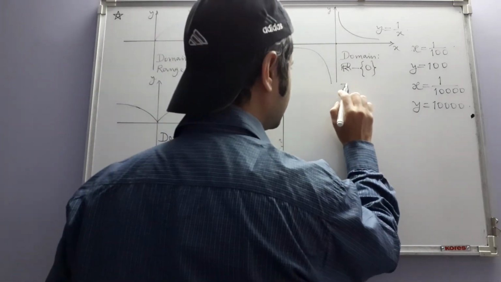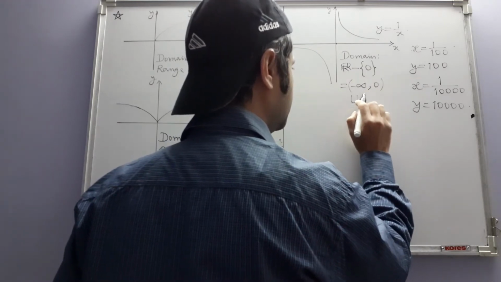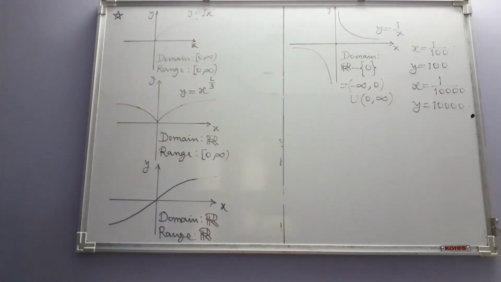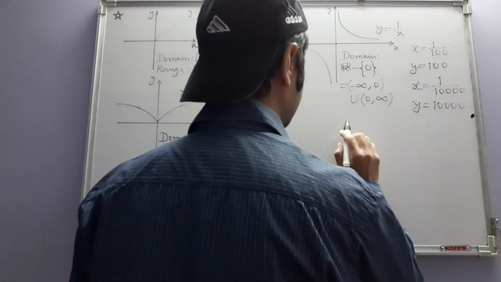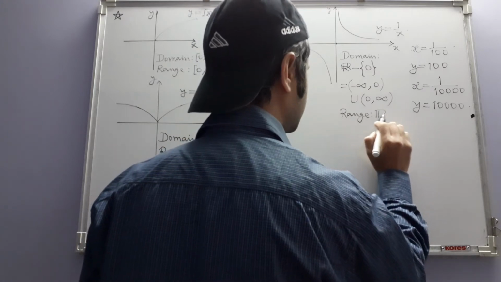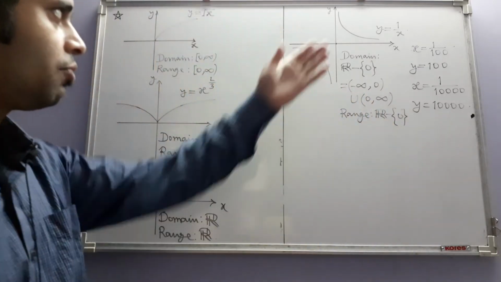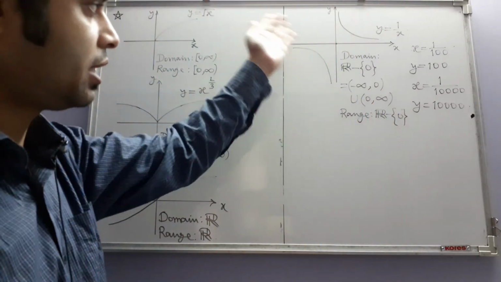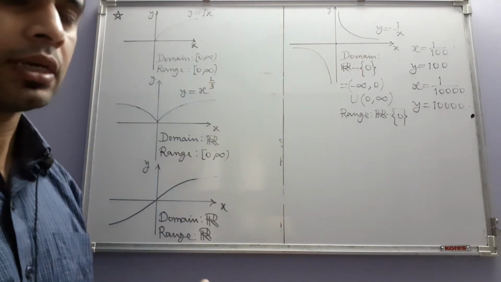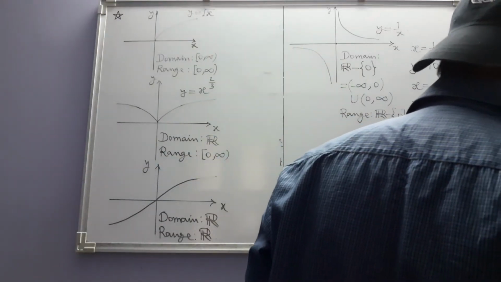You can also write this same set like this: union of these two open intervals, and the range, just like that, is also the same. y takes on all positive values as well as all negative values, but y never becomes 0 because x cannot become infinity. So that is the reciprocal function.